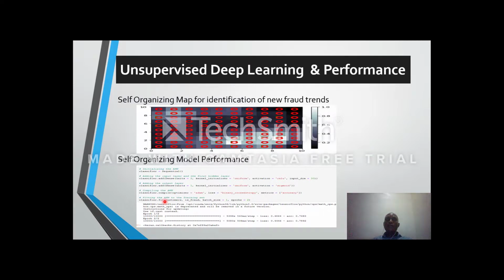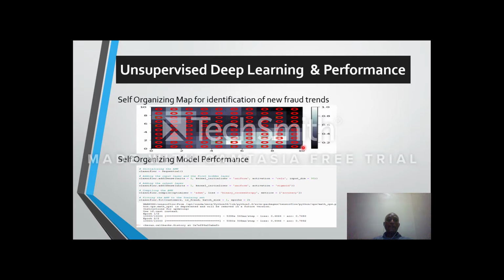There will always be a time where new trends in fraudulent activities will start coming up, and that is when we can bring in the effect of unsupervised deep learning to help us filter out all those new characteristics of the new fraud trends. And that is what we are using in this project, whereby we employ the use of self-organizing map for identification of new fraud trends.